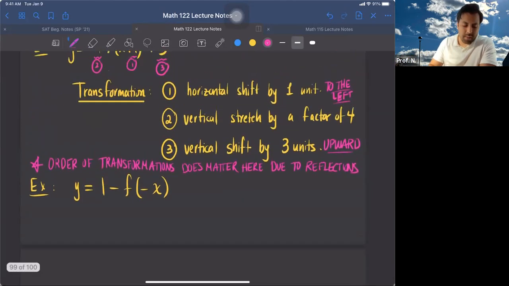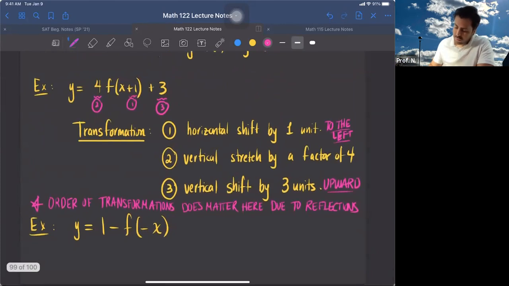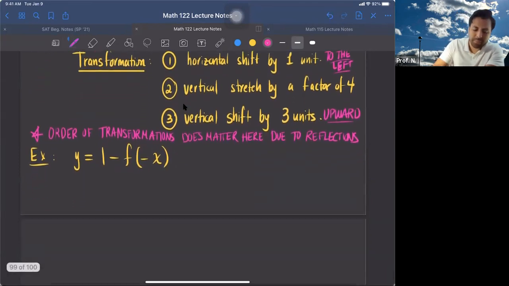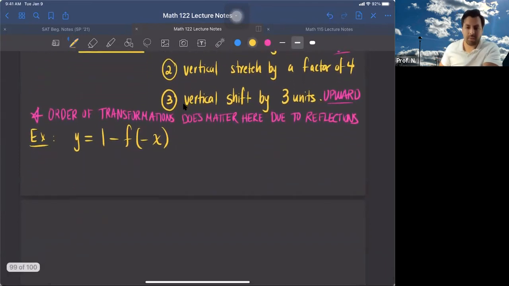So does anybody have an idea? What do we do first? Do we vertically shift first? So Prob says reflect across the y-axis. Yeah, so with the reflections, we can actually interchange them within the reflections themselves.